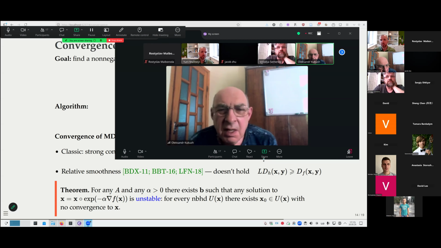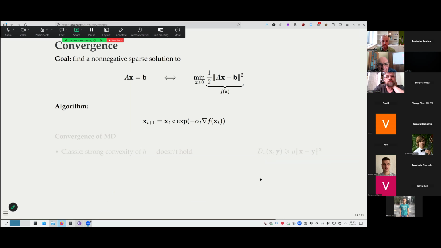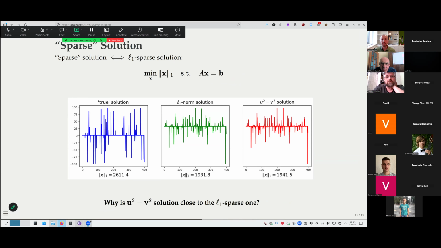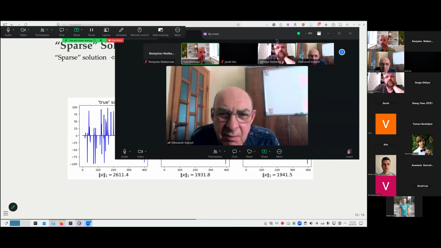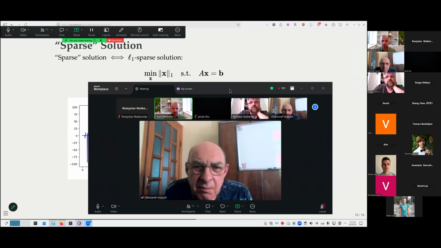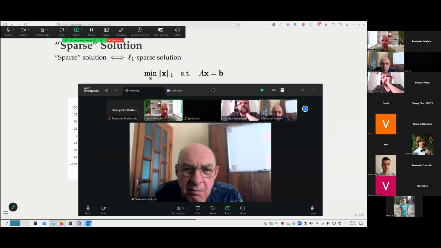And I thought that sparse means that we have a small number of coordinates different from 0. That's exactly correct. That's why I put sparse in quotes. All of compressed sensing, which appeared like 20 years ago, was about this particular problem, because people noticed first in practice that if you solve this problem, minimizing the L1 norm, magically you find a truly sparse solution, in the sense that you said: many zeros and a few non-zeros.